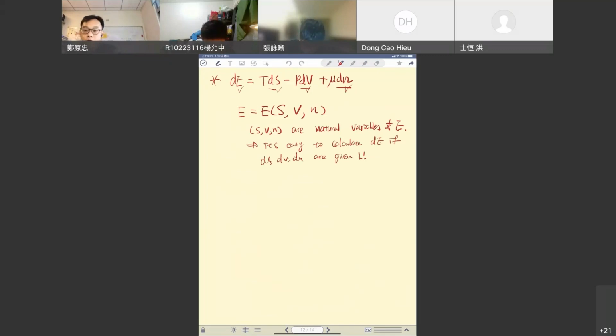If you can measure them experimentally, then you can very easily calculate the change in energy. If you know the change in entropy, change in volume, change in number of particles, you can calculate energy easily.